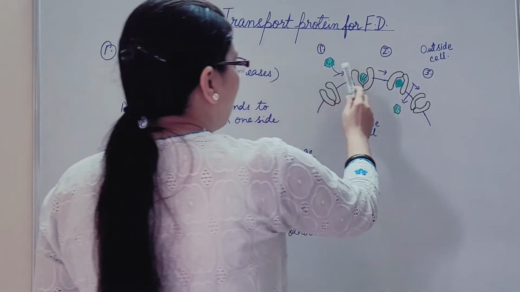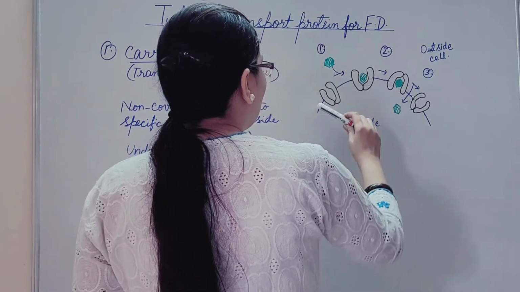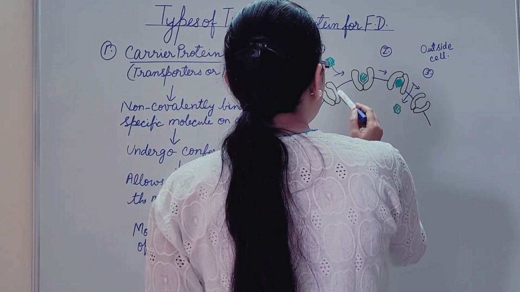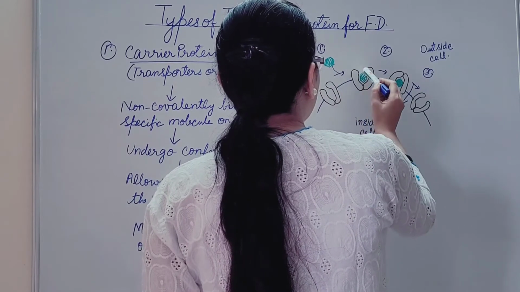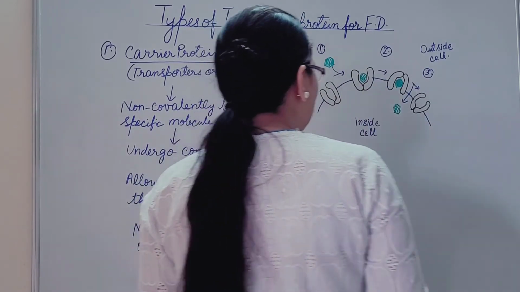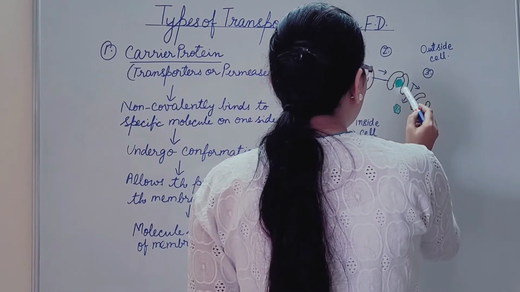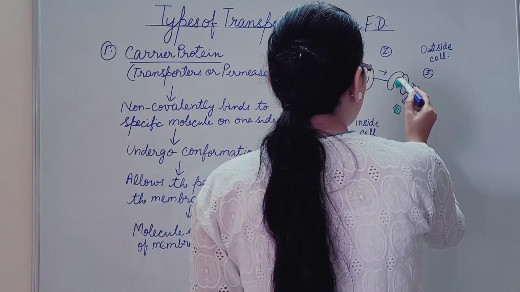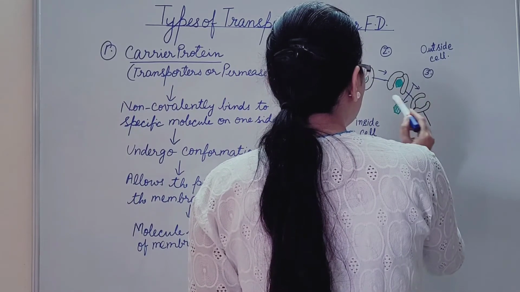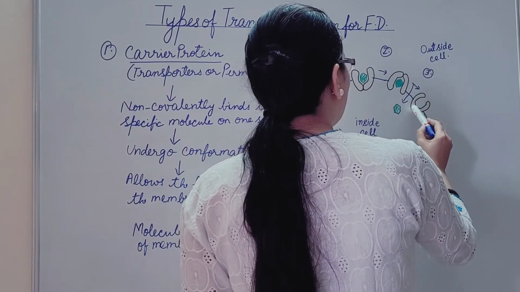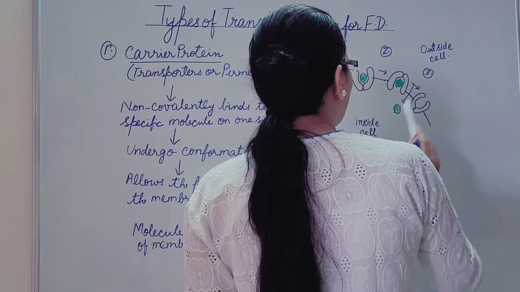It can be better understood from this figure. This is the plasma membrane, the transport protein is present, a specific molecule is present outside the cell, it comes and binds with the transport protein. Then the transport protein undergoes conformational change. This allows the passage of this molecule across the membrane, then it is released inside the cell and the transport protein again gains its normal conformation.